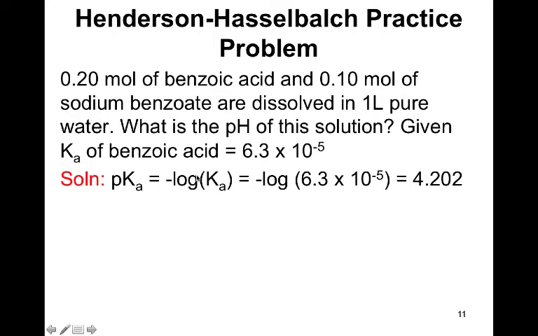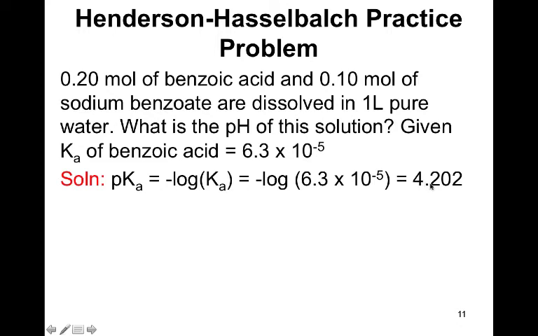All you do is calculate the negative log of the dissociation constant, and I would really suggest you plug these numbers into your calculator and figure out how to calculate the negative log. So the negative log of the dissociation constant of benzoic acid comes to about 4.2.